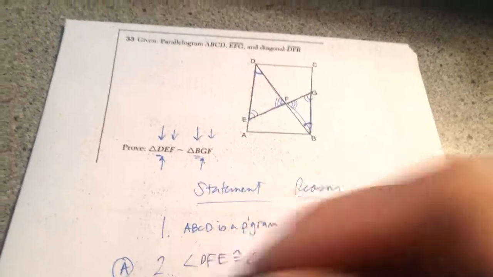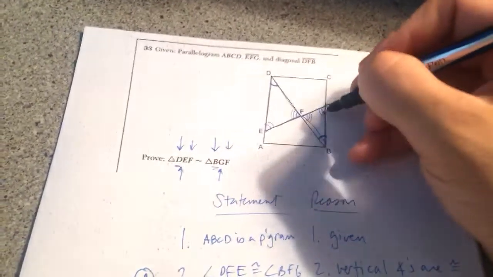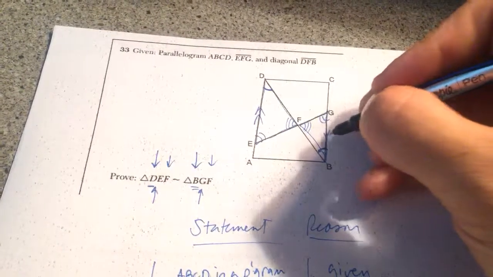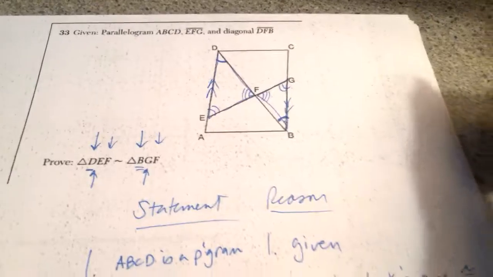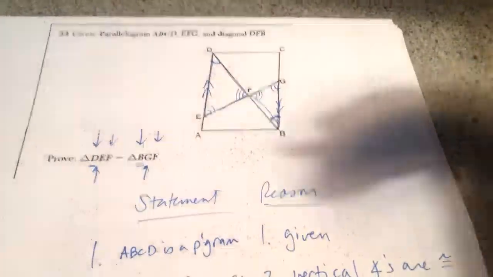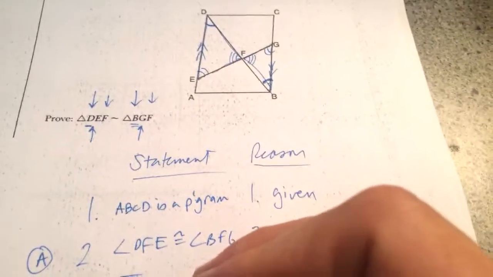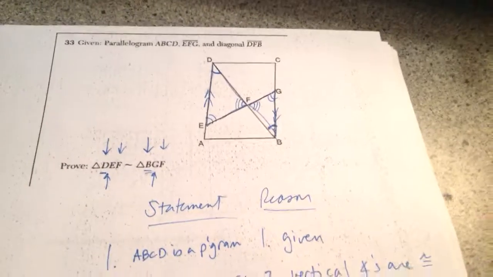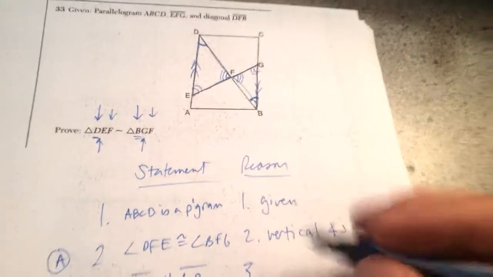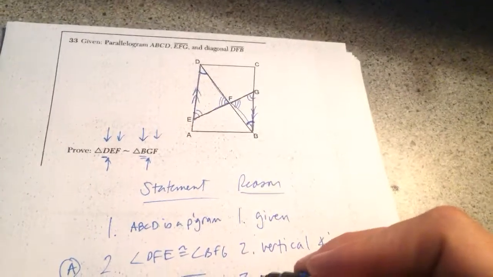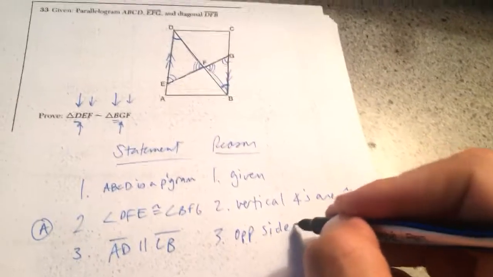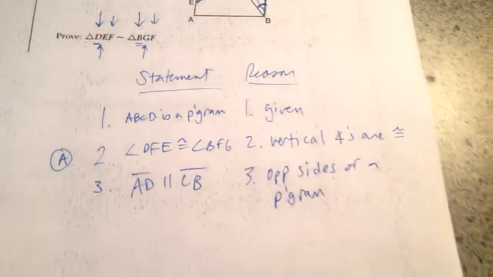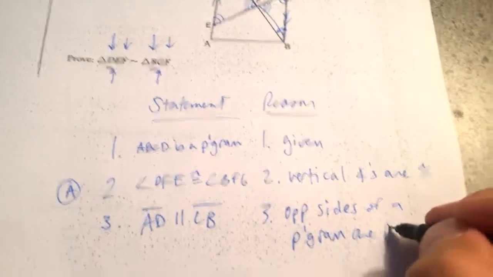Now I need to show that these two sets of angles are congruent. I know that because these lines are parallel and the alternate interior angles are congruent. We have to state why they're parallel. I know that AD is parallel to CB, and the reason is because opposite sides of a p-gram, sorry for my abbreviation, are parallel.